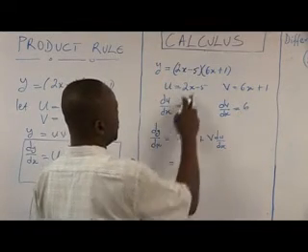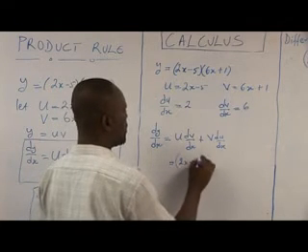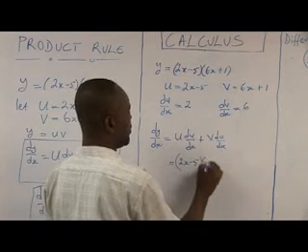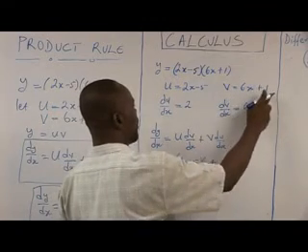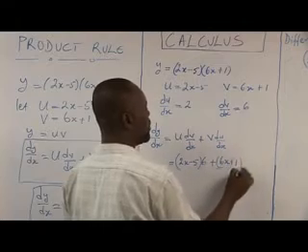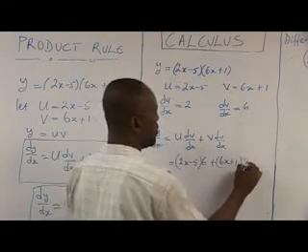What's my u? 2x minus 5. So I have 2x minus 5 times the dv dx. The dv dx is 6, plus our v is what? 6x plus 1. So we have 6x plus 1 times the du dx. Our du dx is 2.